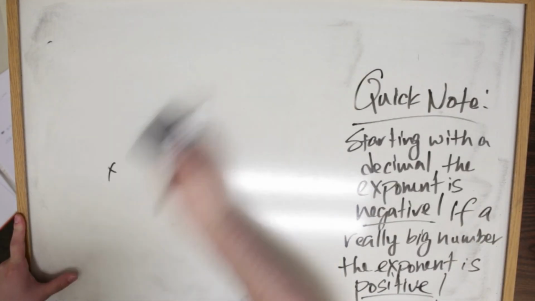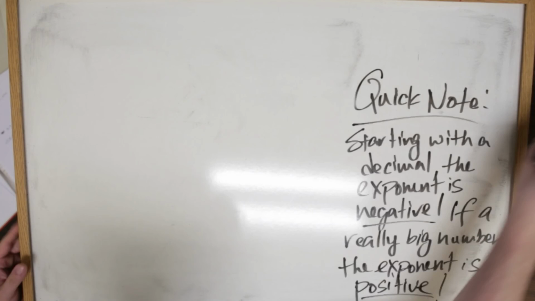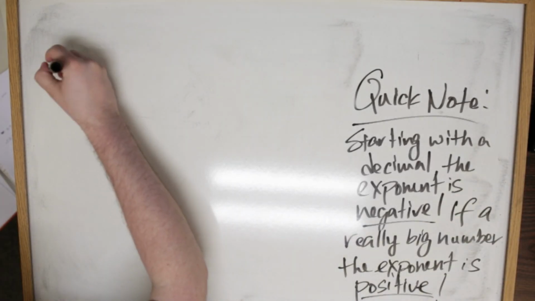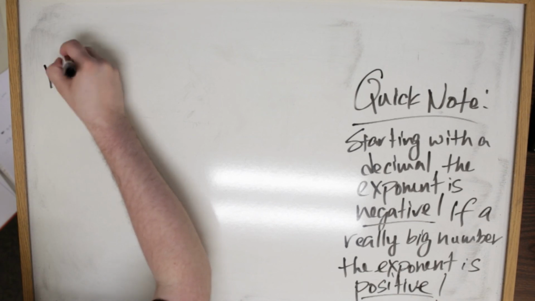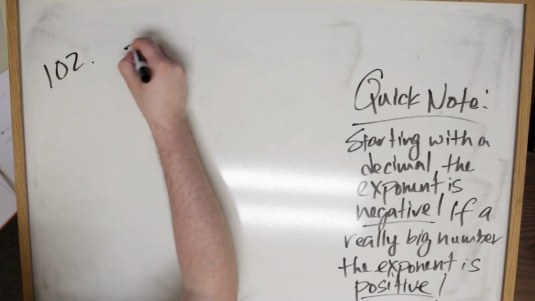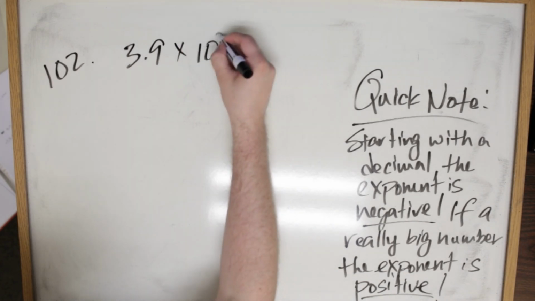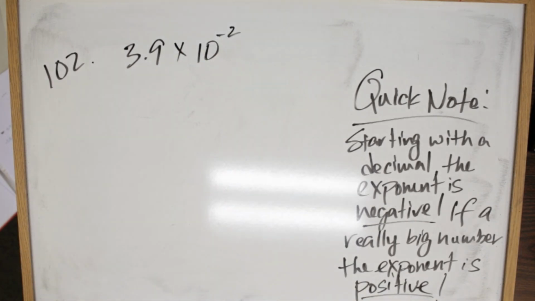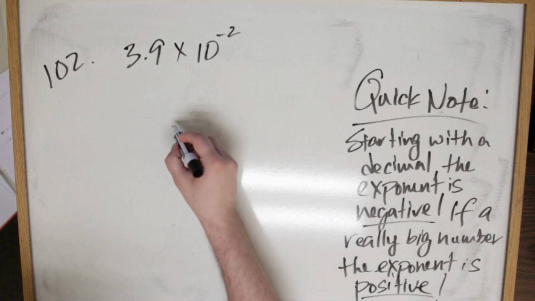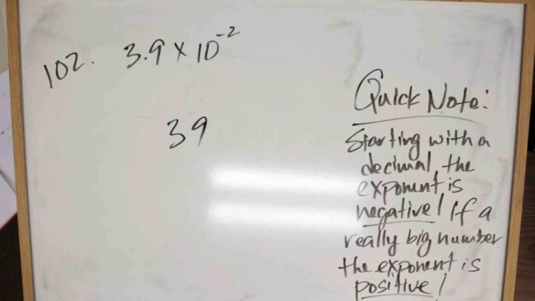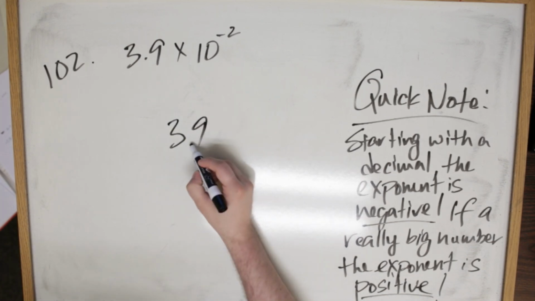Now let's jump into the very last one. We're going to convert this one from scientific notation into regular notation. 3.9 times 10 to the minus 2. I'm going to start with my digits, which is 3, 9, and I'm moving it.